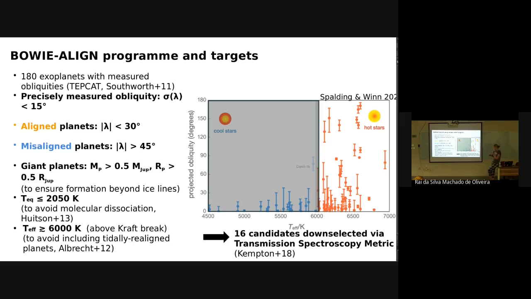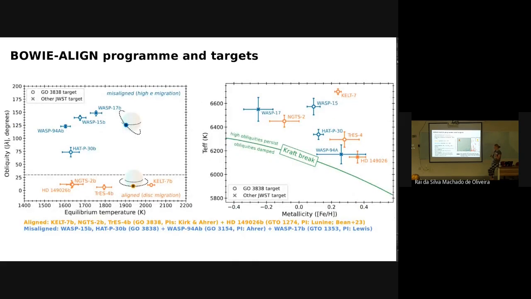And from these now, we pick out the 16 best candidates for which we know the parameters well, and then narrow them down even further to have the 4 best aligned and 4 best misaligned planets that give us the best signal to noise. So these are all the objects that we are looking at.